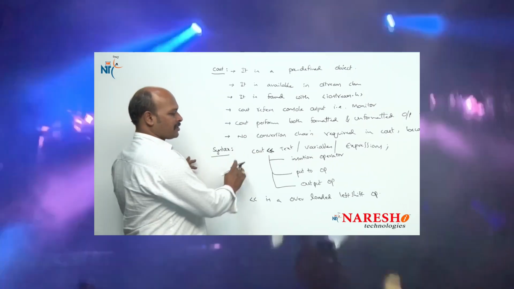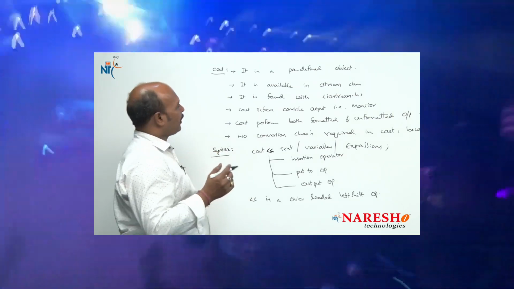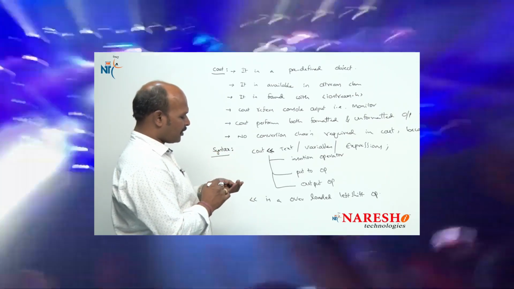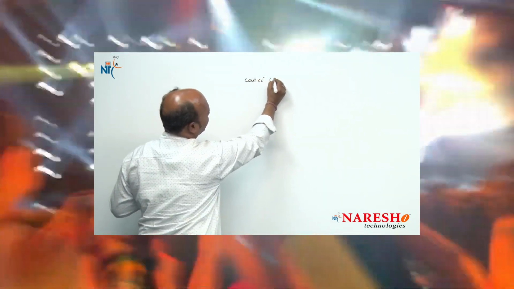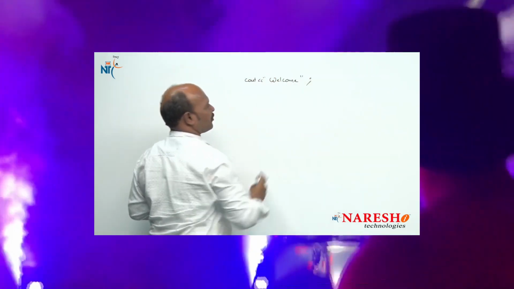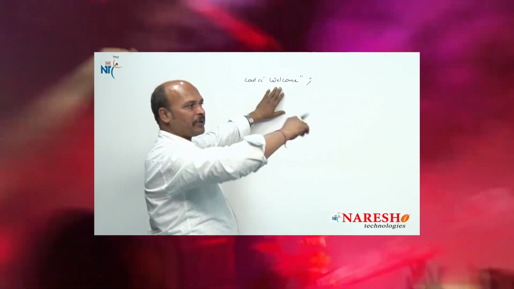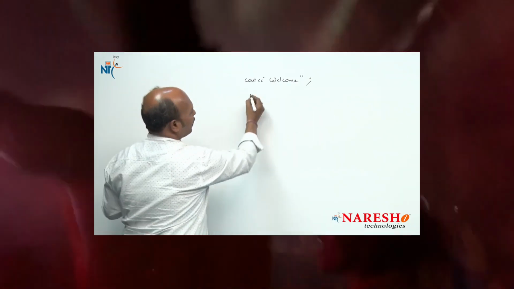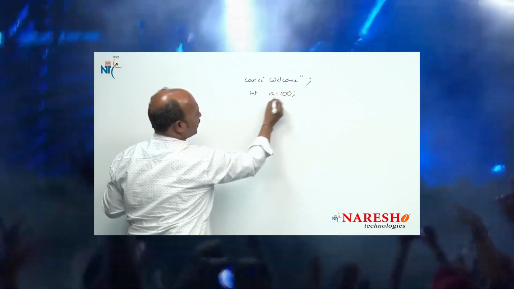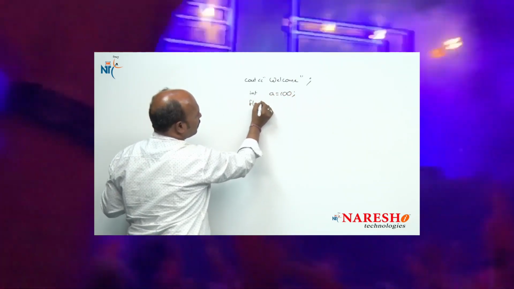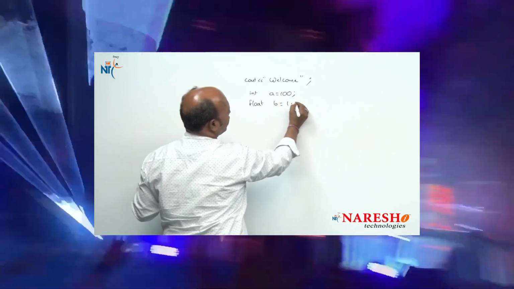Now what happened? See this. For example, I am going to give a small example on this. Here cout welcome, and the welcome is going to print on the screen. Suppose I want to print variables: int a equal to 100, float b equal to 1.2.